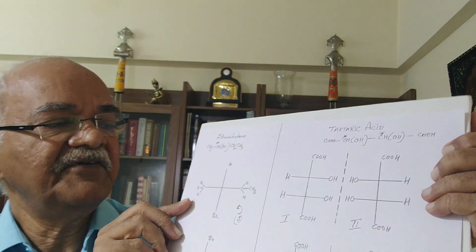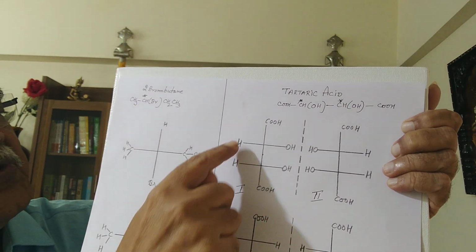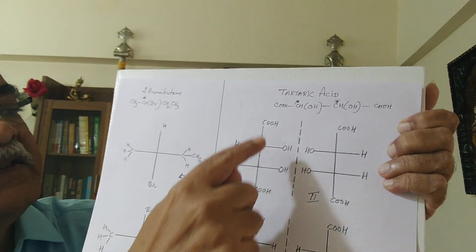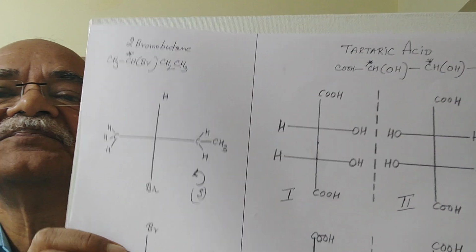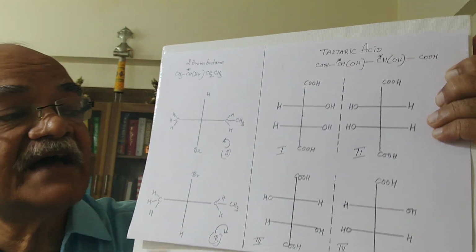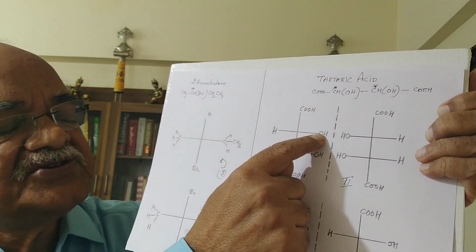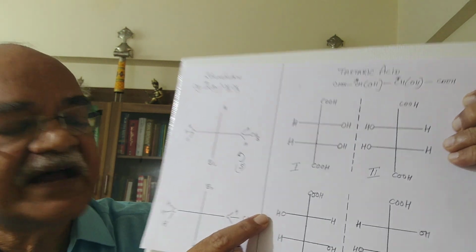Therefore, if I have two chiral centers, how do I go about it? So what I have done is, I have written like this. This is the first arrangement I have drawn, wherein I have put two hydrogens on the same side, and these are COOH, with this Fischer projection. And the mirror image of that. Next, I have changed this configuration by making one change. Instead of OH here, I brought OH to the other side.